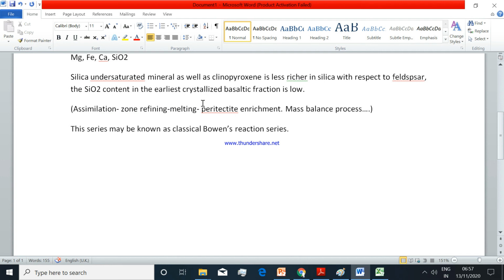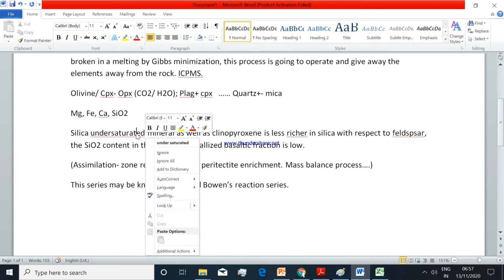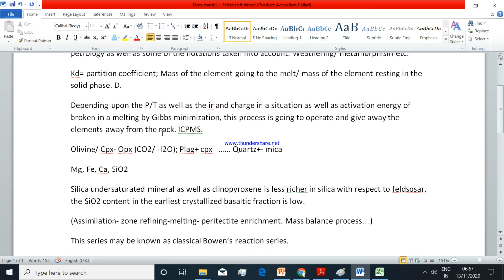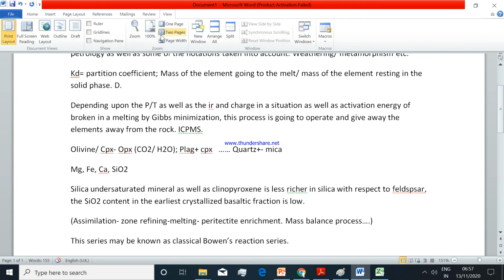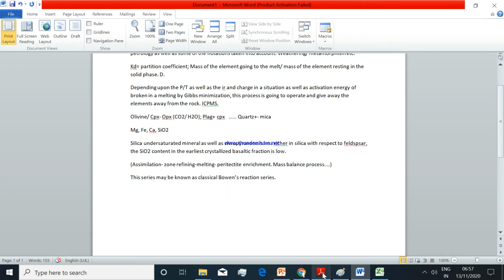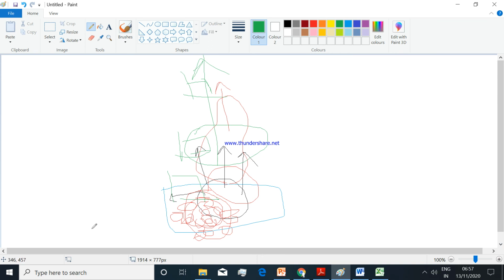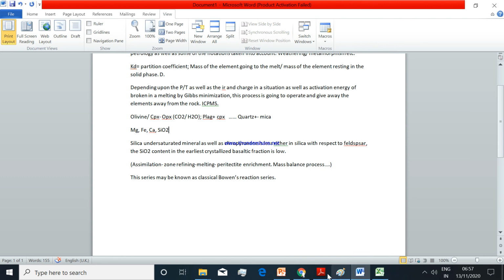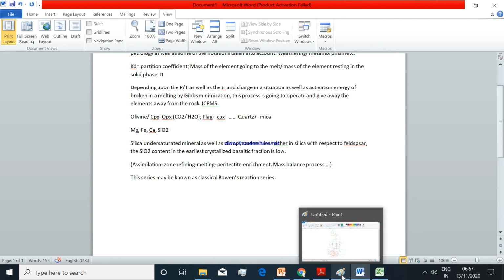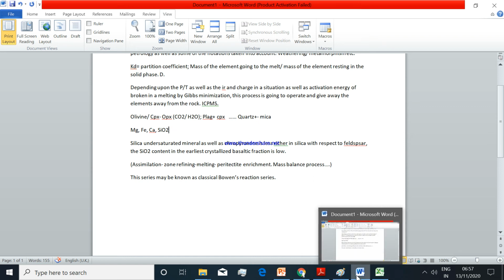Now, this is a very important thing. Slowly there is a small change in composition, and the Harker plot will certainly tell us how the fractionation did take place.